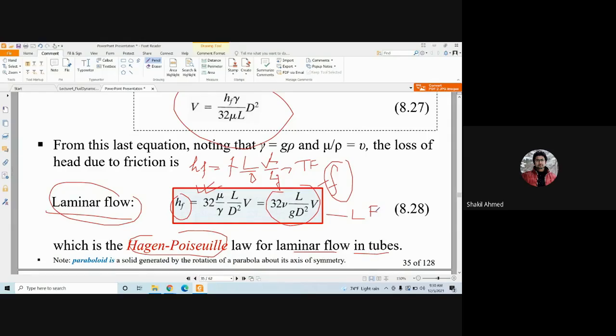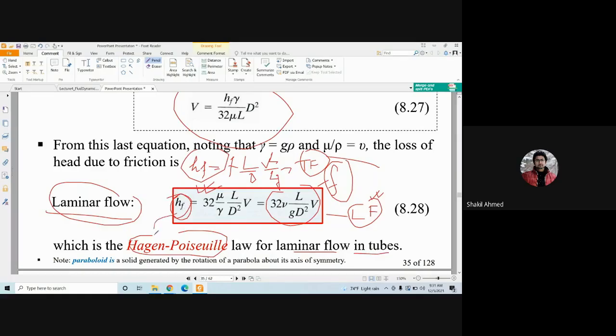Remember, as civil engineers, we design pipes and hydraulic structures. In 90% of cases, we will get turbulent flow. Laminar flow is very slow moving liquid, and we don't usually get it. Sometimes we get laminar flow, but the majority of the time we get turbulent flow. Clear? This is the turbulent flow formula for head loss, and this is the laminar flow formula for head loss.